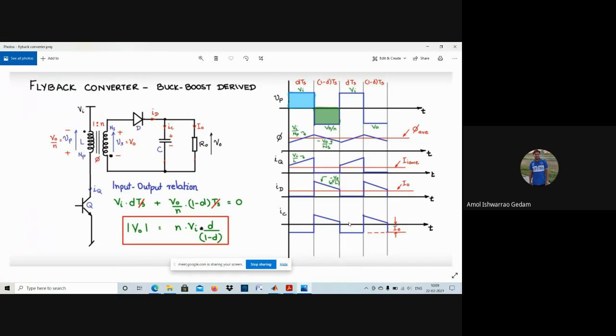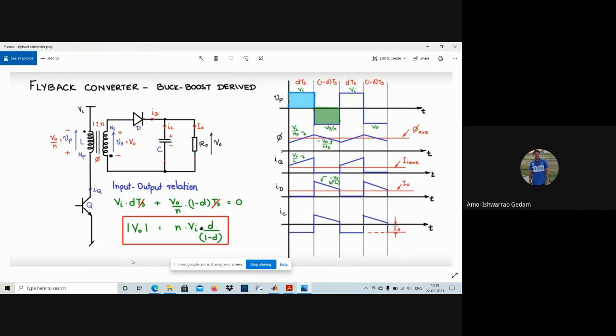So now we will go for the volt-second balance. When the switch is on, the input side voltage will be Vi, meaning input voltage, during the turn-on time, which we denote as DTs. When the switch is off, the secondary side voltage will be V naught, and if you refer the secondary side voltage to the primary side, it will be V naught by N, into (1 minus D)Ts, is equal to 0.